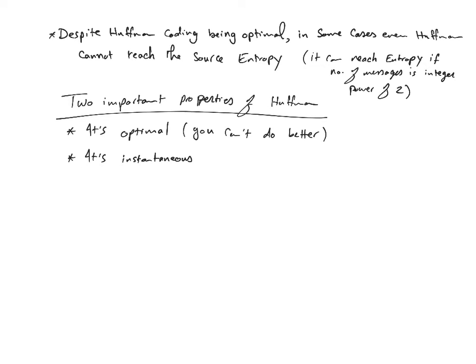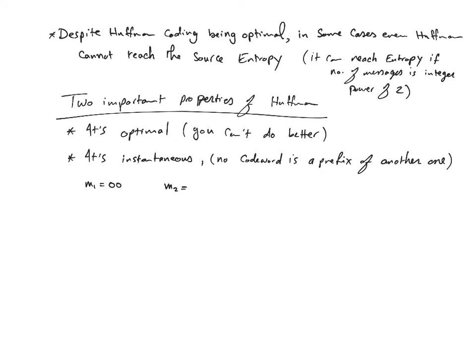Instantaneous means that no code word is a prefix of another one. What does this mean? Look at the messages that we have just encoded in the previous example. M1 was equal to 00, right?